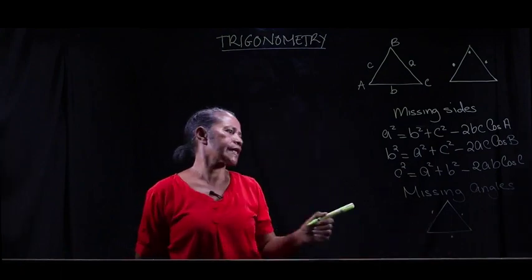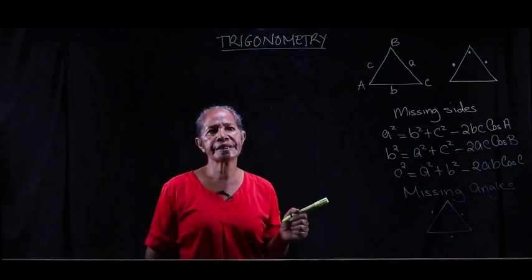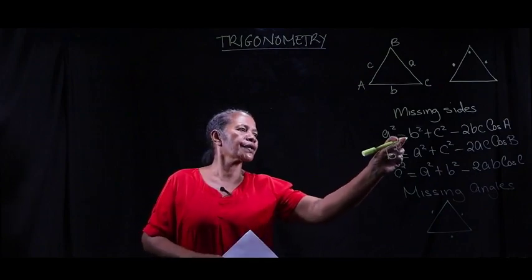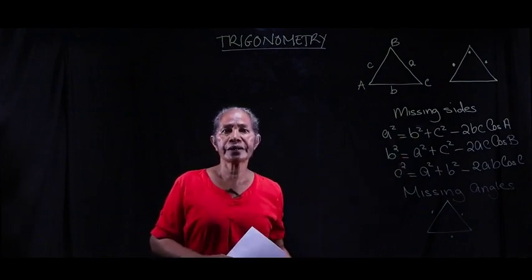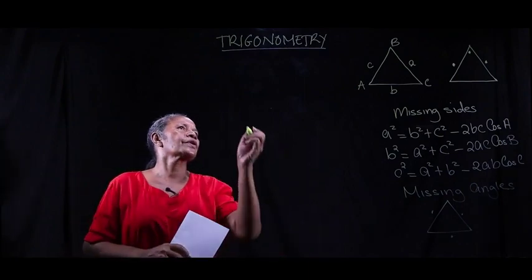When three sides are given, we can then write the formula for missing angles. So what we're going to do now is get this formula and transform it.